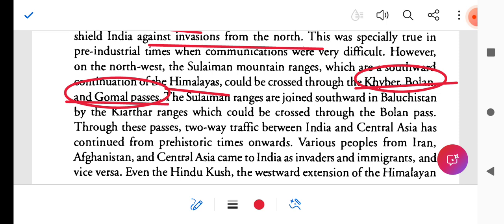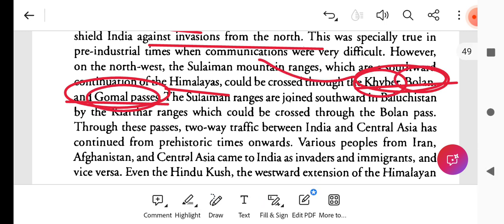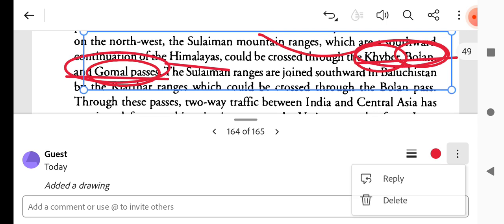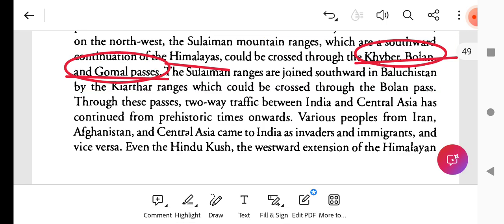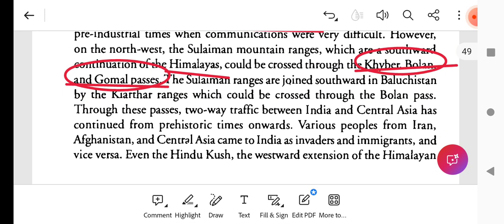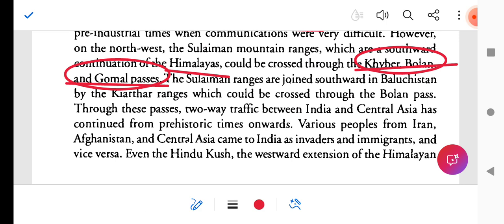Through the Khyber Pass, Mahmud of Ghazni invaded, and through the Bolan Pass, Muhammad of Ghori invaded India. Okay, and the Gomal Pass is also important historically. Very prominent rulers such as the Kushans came to India through the Gomal Pass.